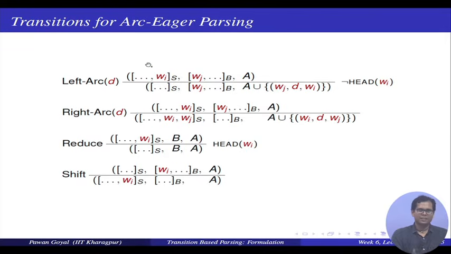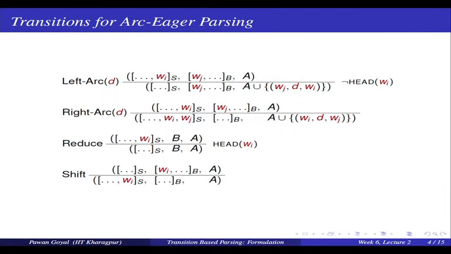So, what is the head here? Wj is the head and Wi is the dependent. Now, there is also a condition here. Wi should not already have a head, and let us try to understand this condition.